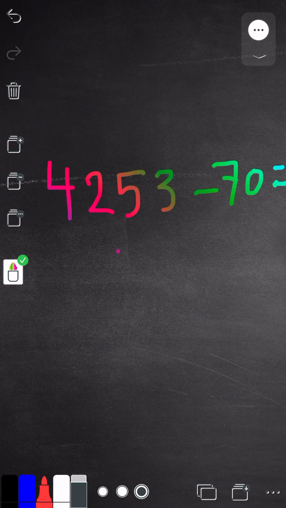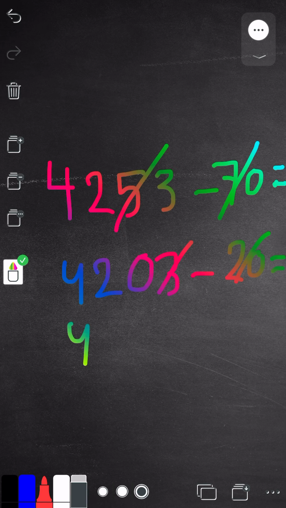The most appropriate way here is to subtract 50 from both sides. Subtract 50 from here and there. That equals 4,203 minus 20. Now subtract 3 from both sides. That equals 4,200 minus 17. Okay, now we are subtracting 17 from 200.